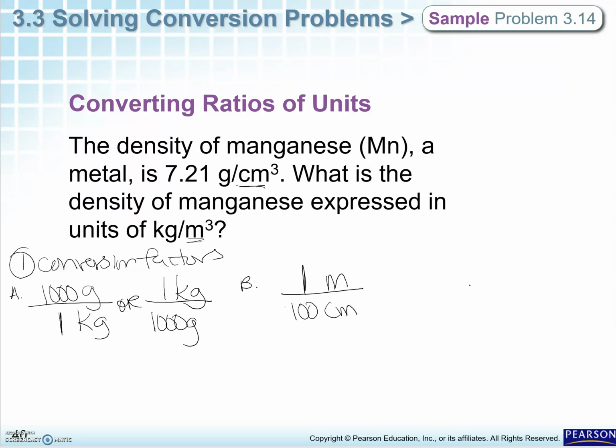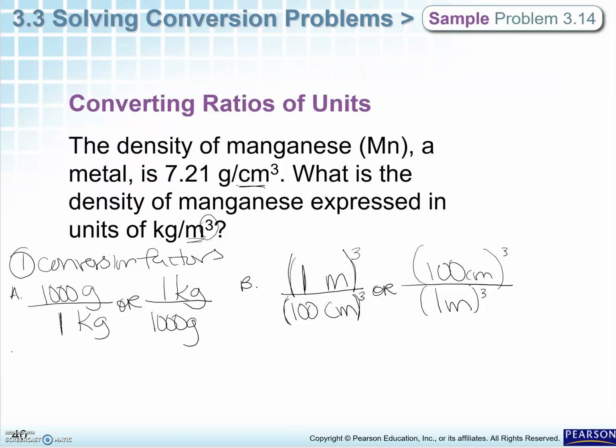Centi means times 10 to the negative second, so we would need a lot of them. Now, this cubed portion just means that you multiply the whole quantity to the third power, same with the bottom. So our other conversion factor would be 1 meter on the bottom to the third power, and on top, 100 centimeters to the third power.